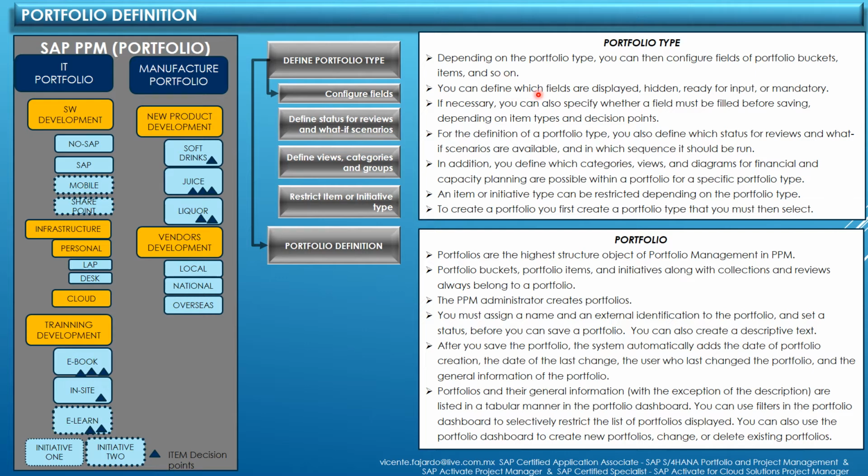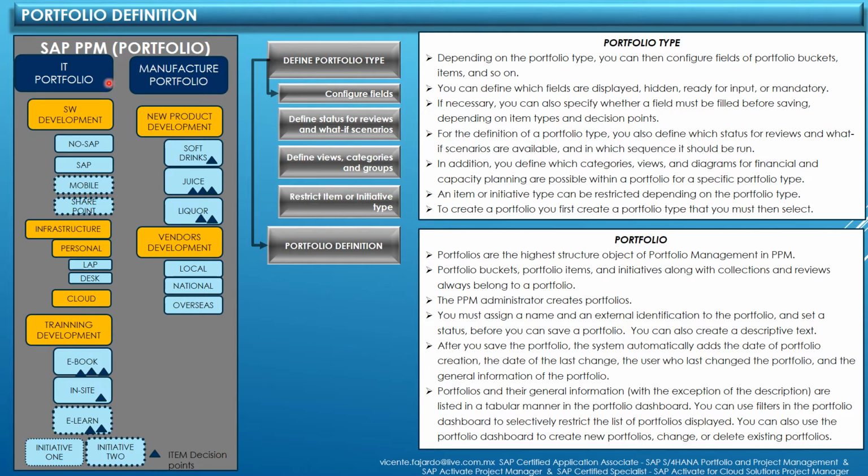You can define which fields are displayed, hidden, ready for input, or mandatory. If necessary, you can also specify whether a field must be filled before saving, depending on item types and decision points.